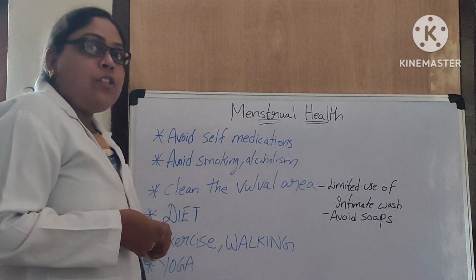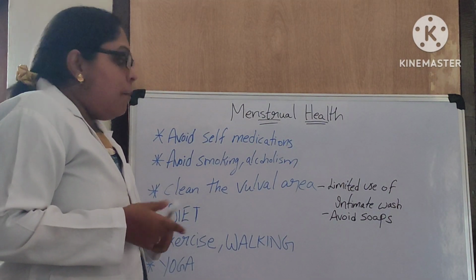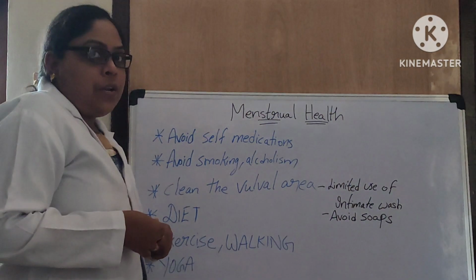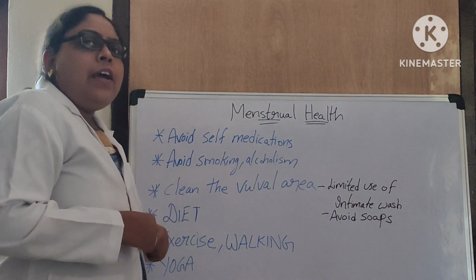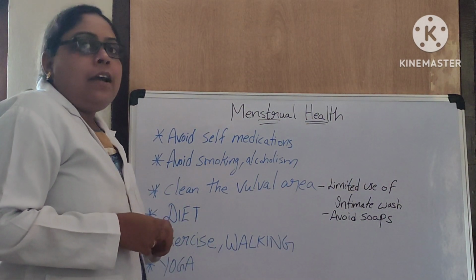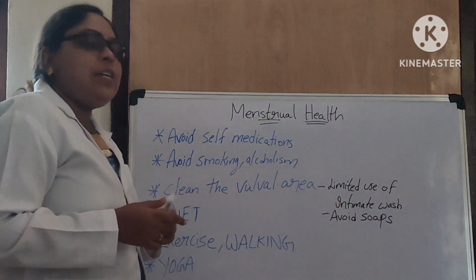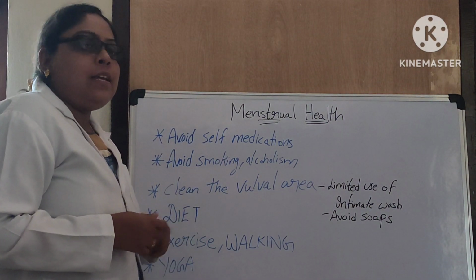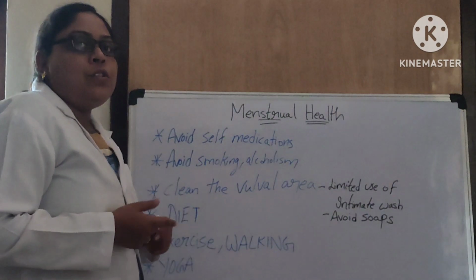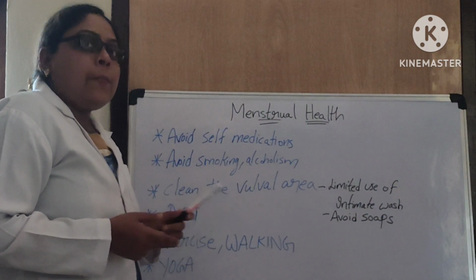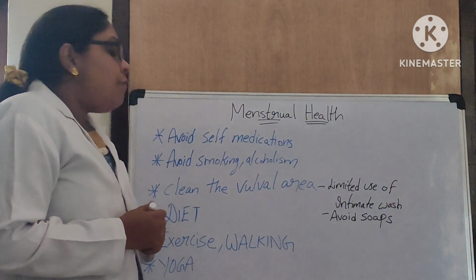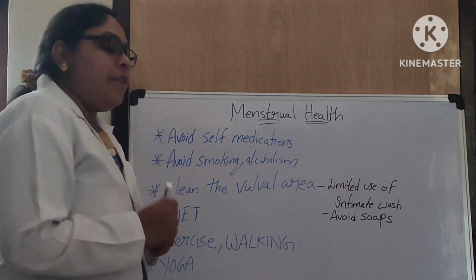These are good. You can also take calcium-rich foods, milk, yogurt. Many people don't take curd, but it is good for menstrual time. They can take it in the form of buttermilk also. They can prefer this. And you have to limit the use of caffeine.